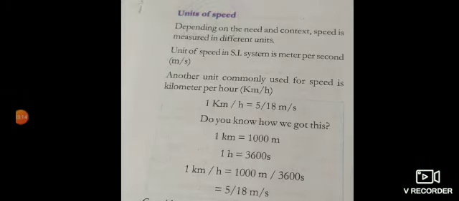Now, let us see. Depending on the need and context, speed is measured in different units. Unit of speed in SI system is meter per second. Another unit commonly used for speed is kilometer per hour. We can say 1 kilometer per hour is 5 by 18 meter per second.